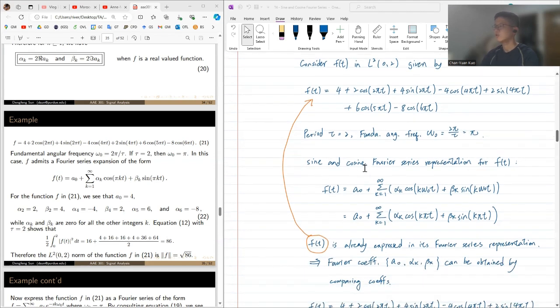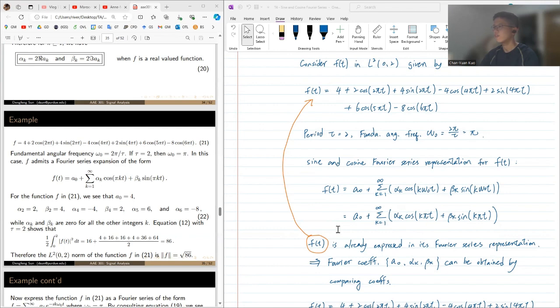The sine and cosine Fourier series representation for this function will be equal to a naught plus the summation of alpha k times cosine of k pi t plus beta k sine of k pi t, and k is from 1 to infinity. The reason we have pi here is because omega naught is equal to pi in this case.